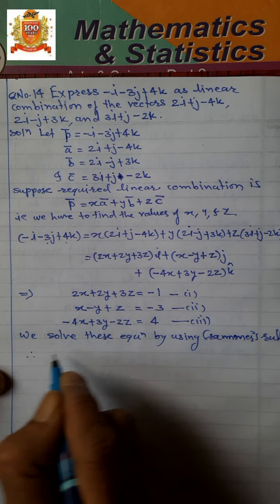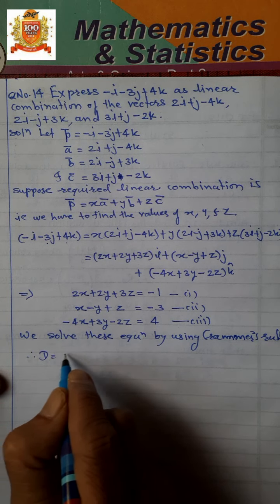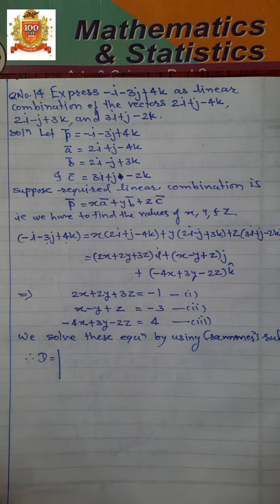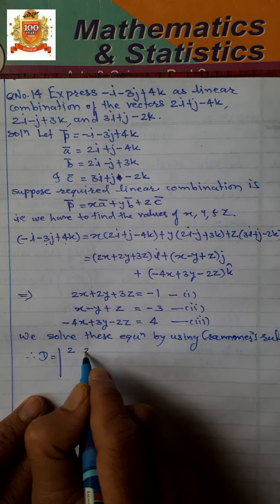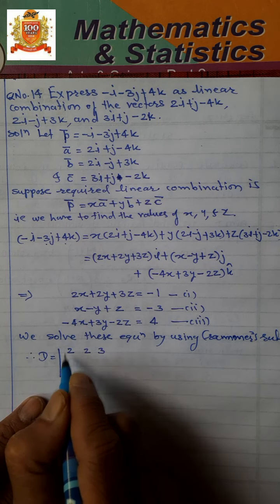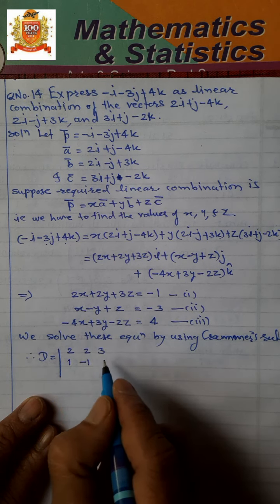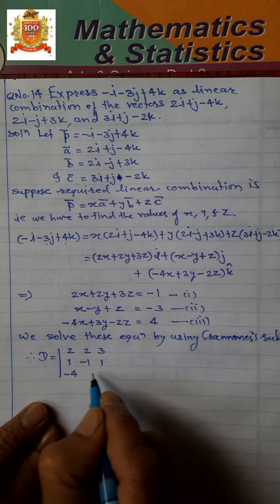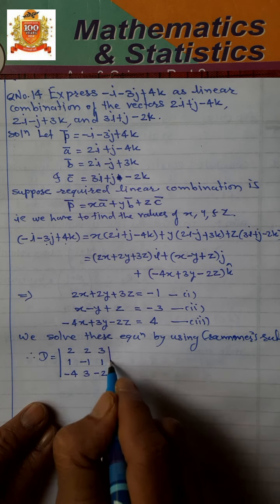Therefore, D is equal to the determinant 2, 2, 3; 1, minus 1, 1; minus 4, 3, minus 2.